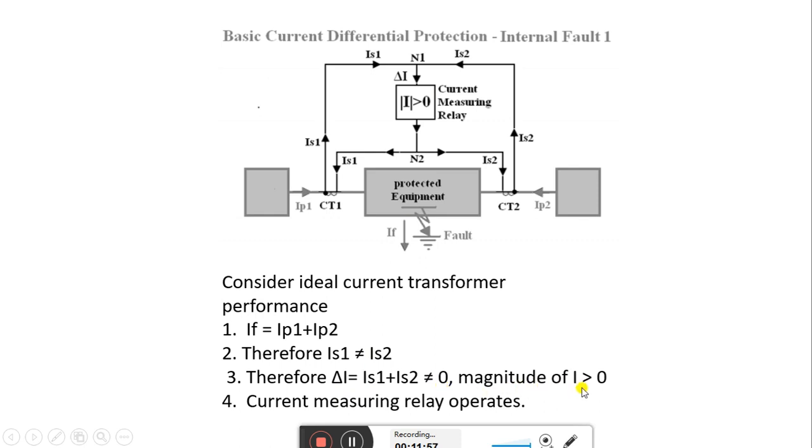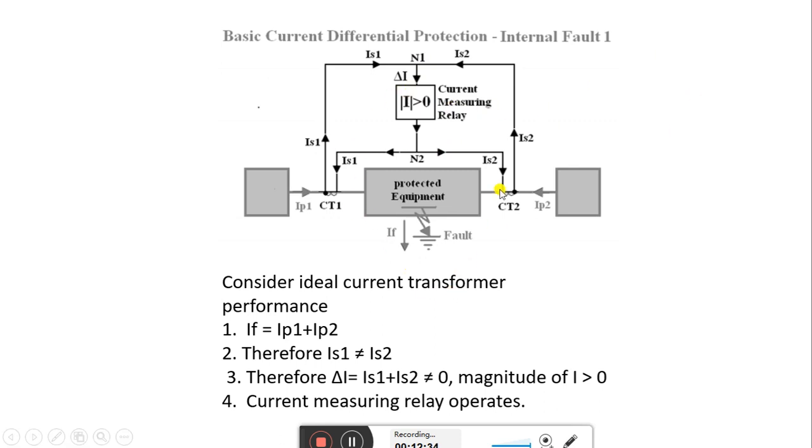So the magnitude of the current I will be greater than 0. And if this magnitude of the I current is greater than the set value of the operating relay, then this relay will operate. So the current measuring relay will operate if the magnitude of I current is greater than 0, but also greater than or equal to some set value of this current measuring relay.